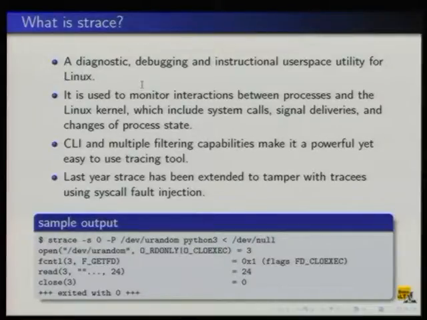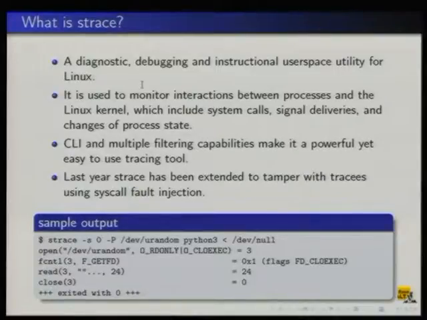It is used to monitor interactions between processes and the Linux kernel, which includes system calls, the most known part of it, but also signal deliveries and changes of process state. Strace has a traditional command line interface, so it's easy to use, right?